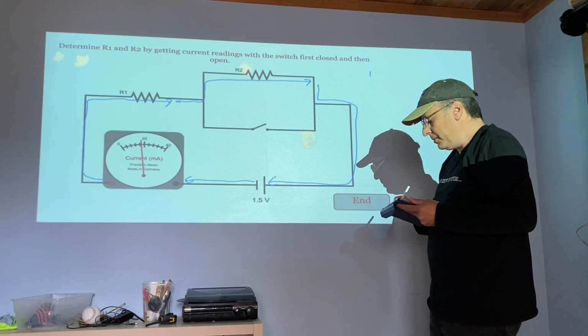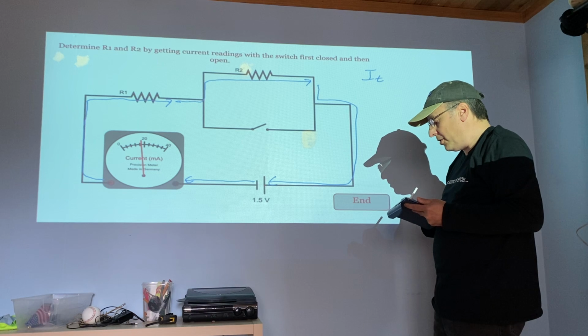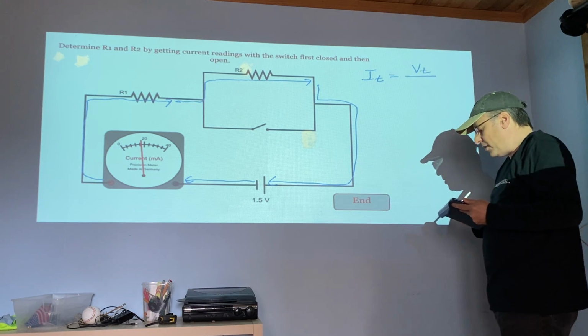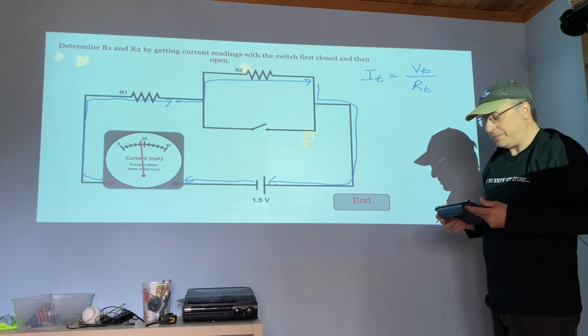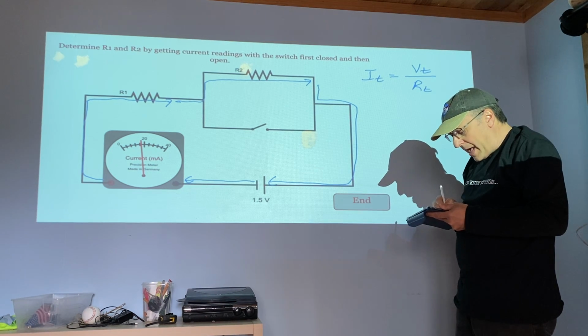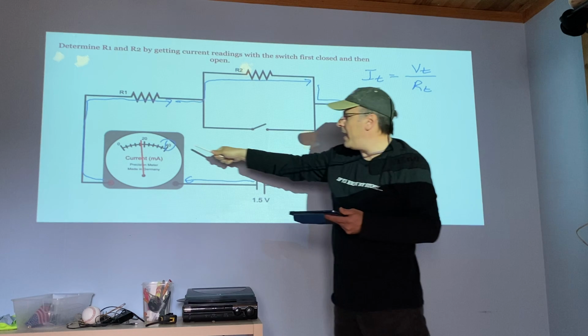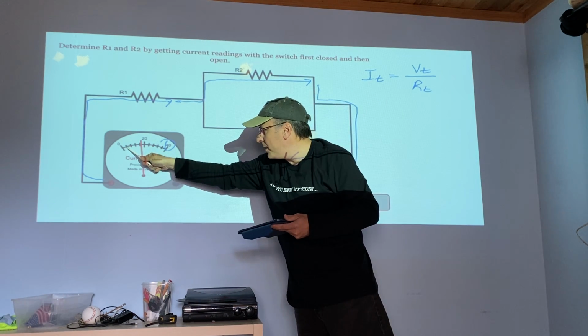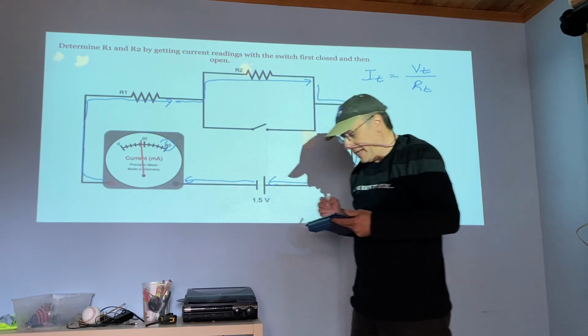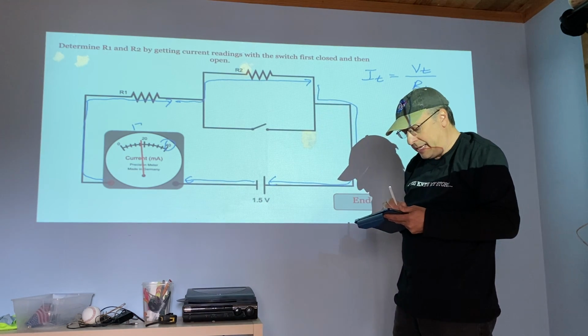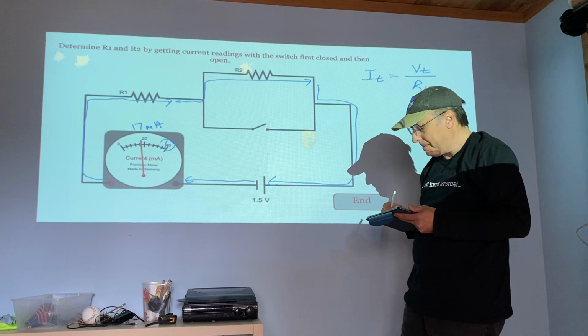So what we do is we do I total equals V total over R total. We use Ohm's law. We read our value. Notice the highest value is 40, so that would be 4, 8, 12, 16. We're a little beyond 16. We're not quite at 18, so maybe 17.